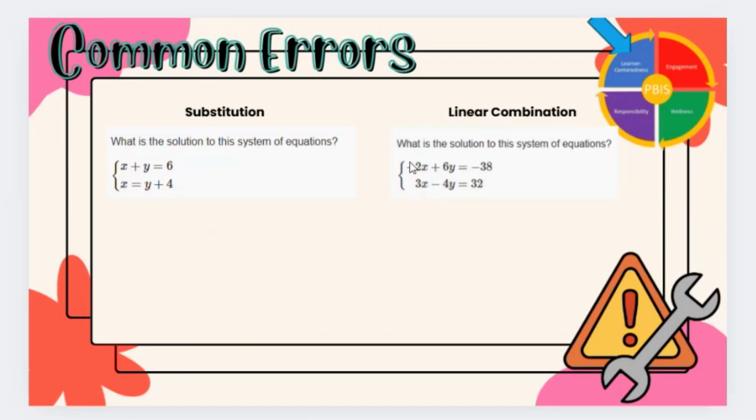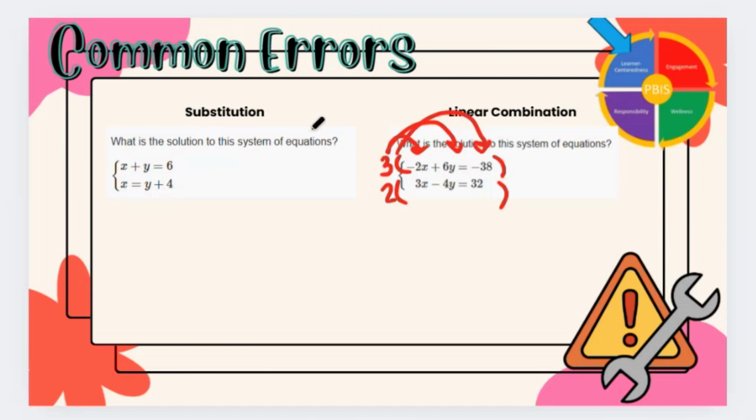So I'm going to multiply the top equation by 3, because 3 times 2 is 6. And I'm going to multiply the bottom equation by 2, because 2 times 3x will get me 6x. And we distribute fully.